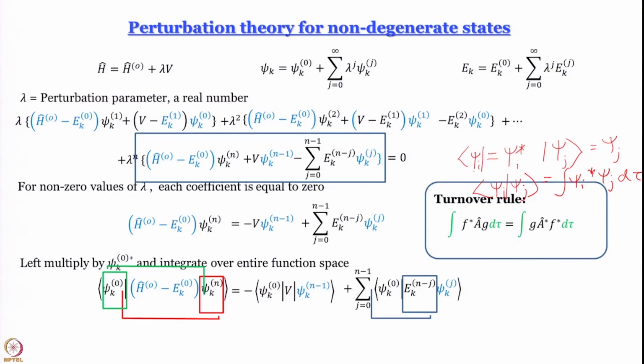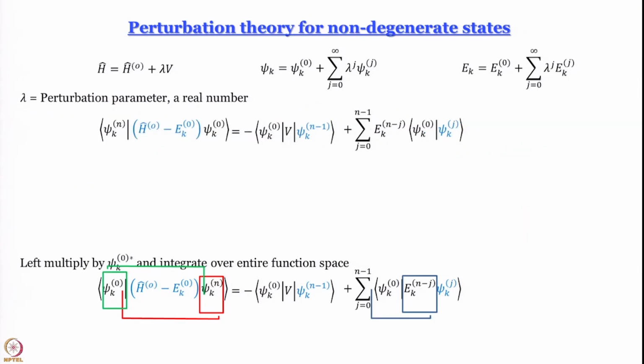So we use the turnover rule and we get this expression: the integral of ψ_k^(n) (H^(0) − E_k^(0)) operating on ψ_k^(0) over all space is equal to minus ψ_k^(0) star V ψ_k^(n−1) integrated over all space plus this summation, where I have taken the energy out of the integral sign, but definitely not outside the summation.